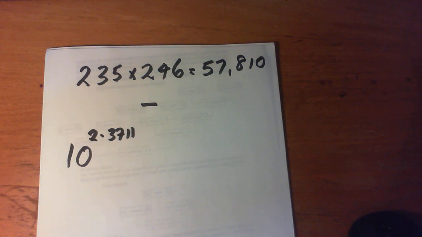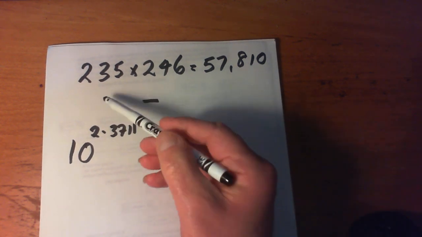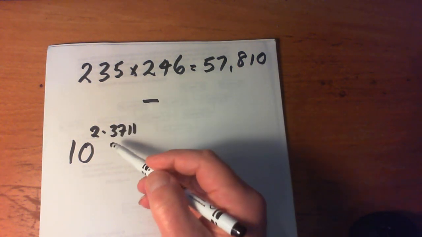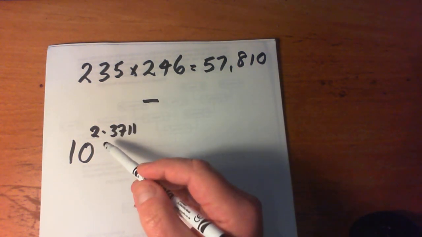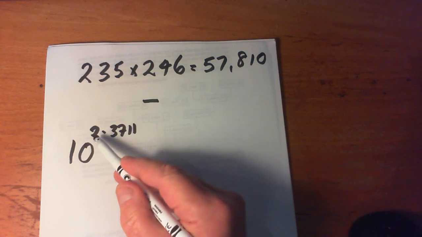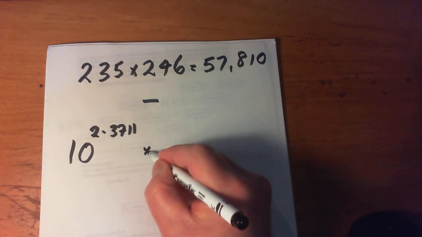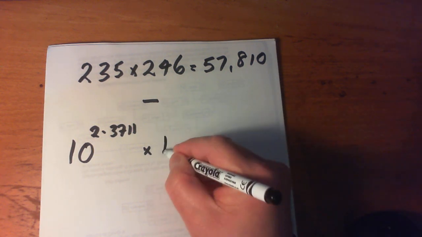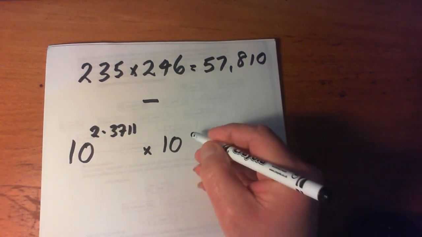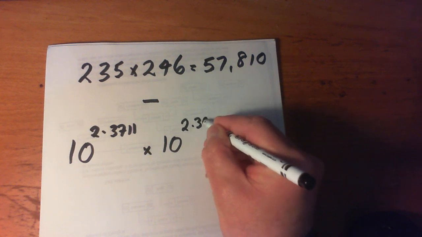Again, if you know how indices work, 10 to the power 2 is 10 times 10, which is 100, and 10 to the power 3 is 10 times 10 times 10, which is 1,000. So for a number in between, 235, you'd expect an index between 2 and 3. So that looks okay. And 246 is 10 to the power 2.3910.